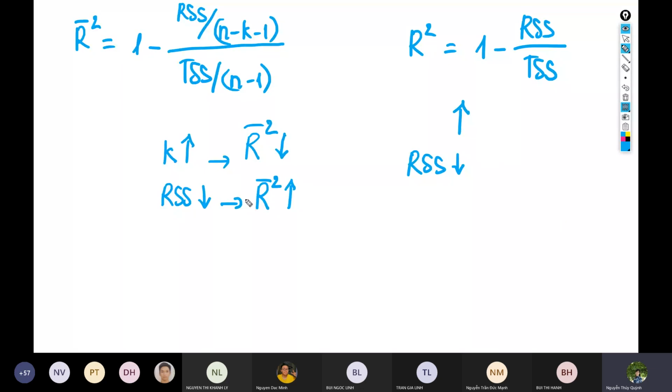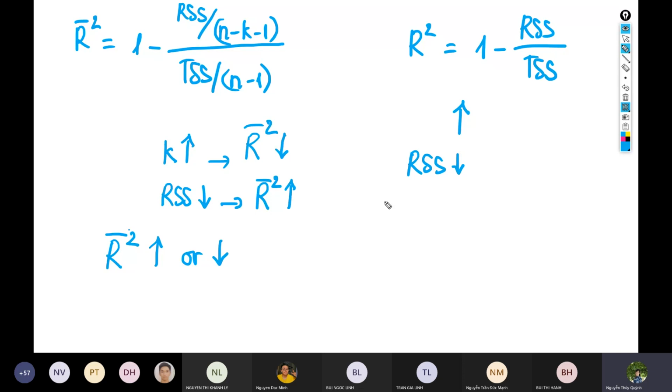One makes it decrease and one makes it increase. So the adjusted R square can increase or decrease. It depends on which effect is larger, whether the positive or negative effect is larger.